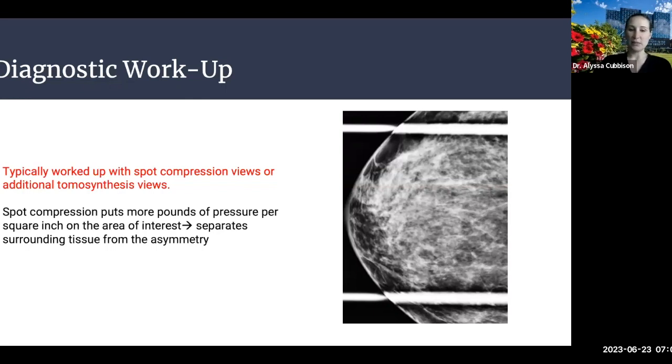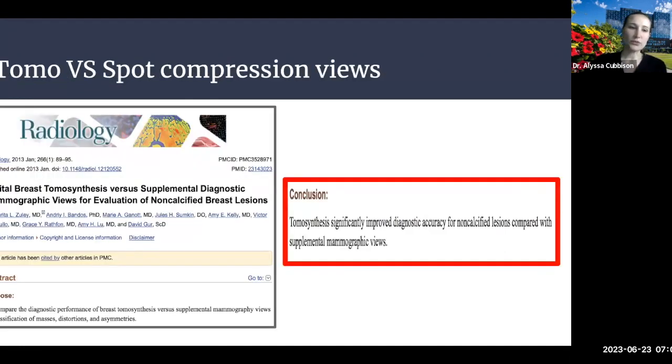So it does give us a better look at being able to distinguish tissue from not. Some practitioners don't utilize spot compression views, but I think the takeaway for working these up is that you would need either spot compression or a tomosynthesis image to feel confident that you're ruling out the asymmetry.